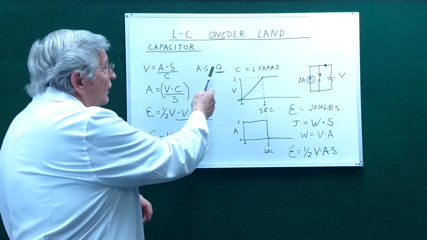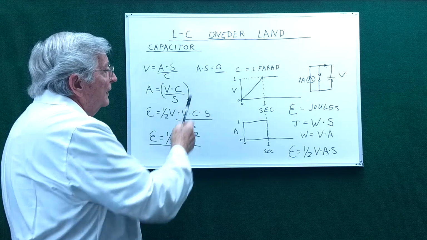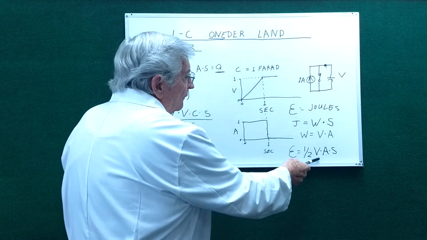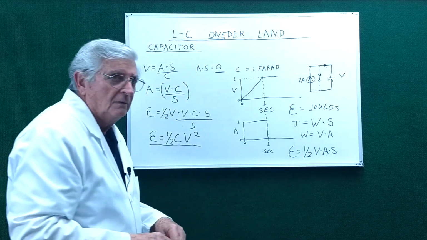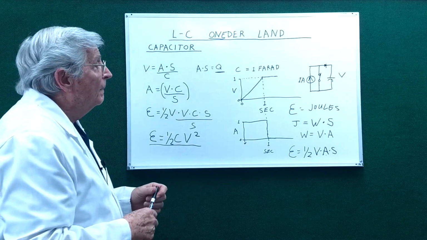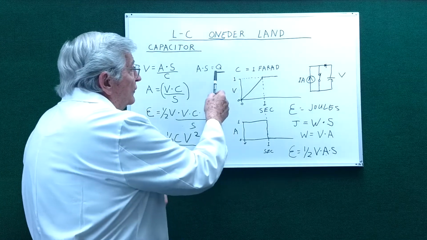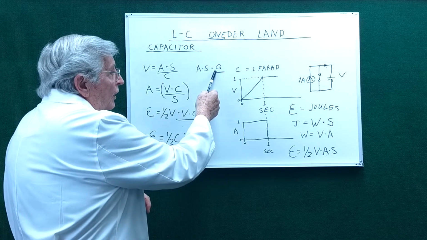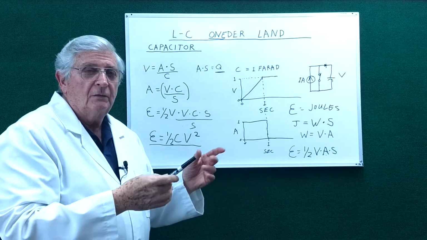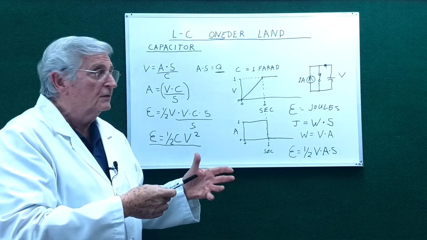Well, the units of charge are amp seconds, and the units of energy are volt amp seconds. So there's more to this than meets the eye. The energy is really the charge, but the voltage at which the charge resides.